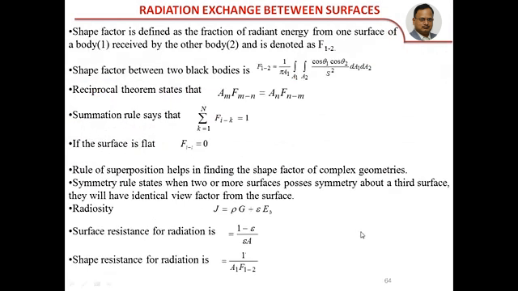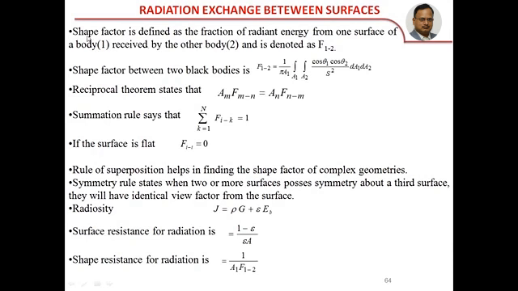Now let us quickly look at the points we have seen today. Shape factor is defined as the fraction of radiant energy from one surface of a body received by another body and is denoted as F12. Fraction of energy leaving 1 and falling on body 2.